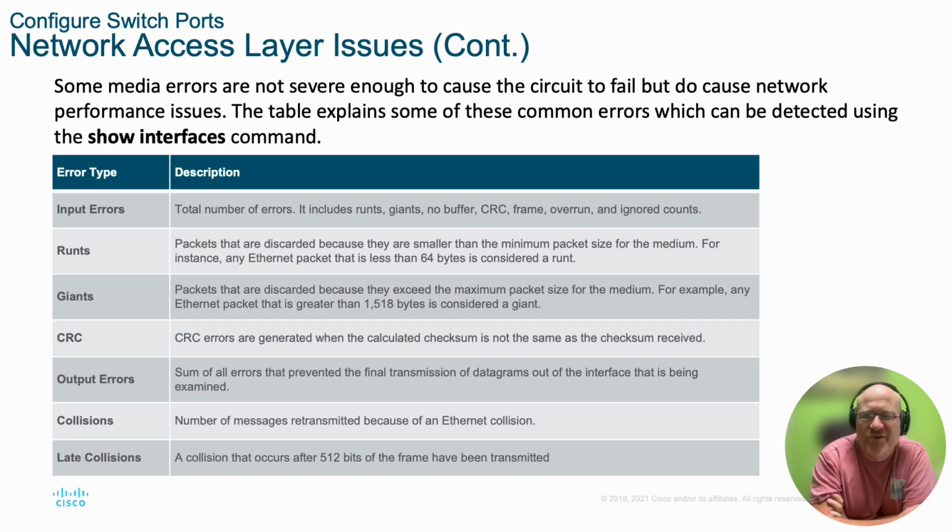Are there late collisions where something's been sent on a half duplex and then something else is being sent just afterwards, especially if it's still got some multi-broadcast features. It's got all the standard sort of redundancy checks, so it's got the checksums, and it's also got the ability to handle issues with frames that are too small or frames that are too big.